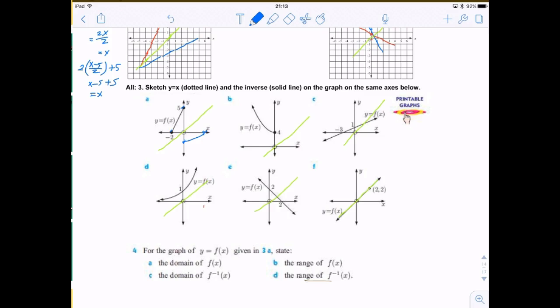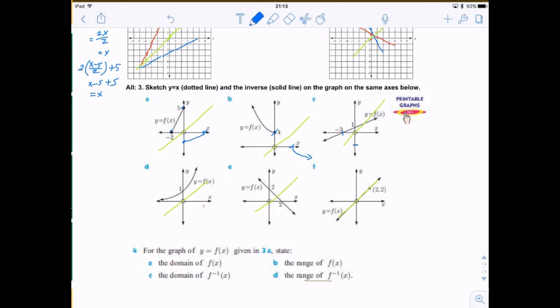B. So in this one, we have a point here, which is 0, 4, and we invert that to 4, 0. And then the rest of it we just sketch it out like that. And then C, we got a point here, which is -3, 0. We're going to invert that to 0, -3. That's here.